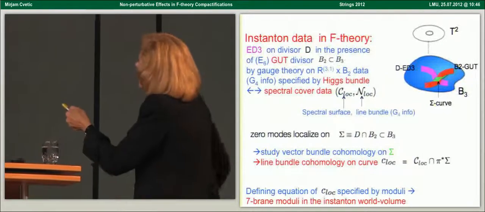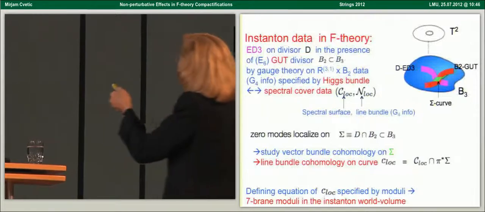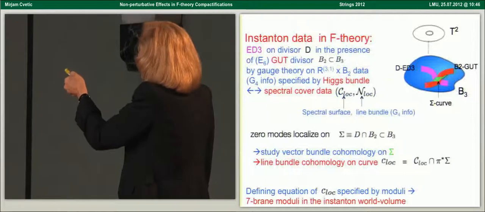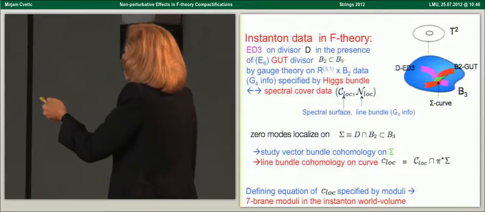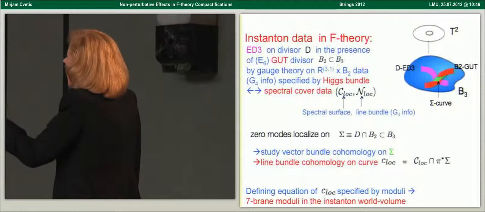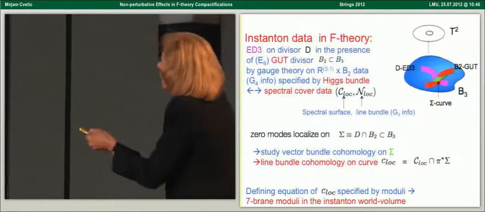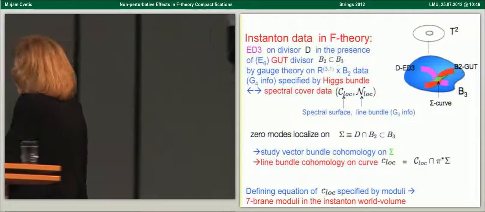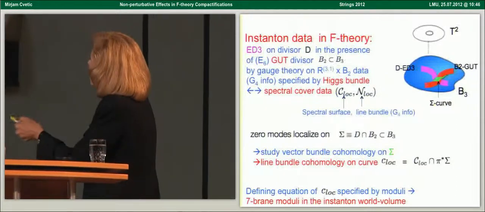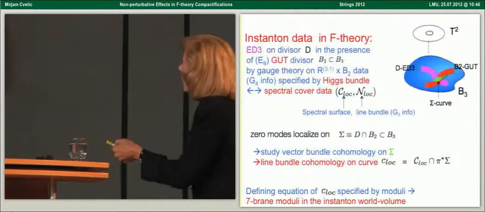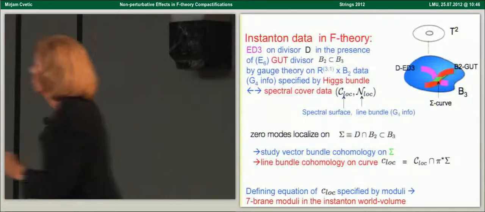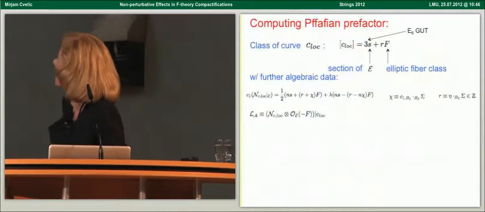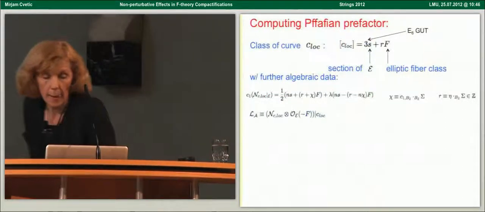And analogously, the line bundle data on the full gauge GUT divisor can, in this specific case, be restricted down to specifying a line bundle cohomology on this local curve. Okay? And having this precisely formulated in terms of the spectral data allows us to calculate the corresponding Pfaffian directly from this data in F theory.